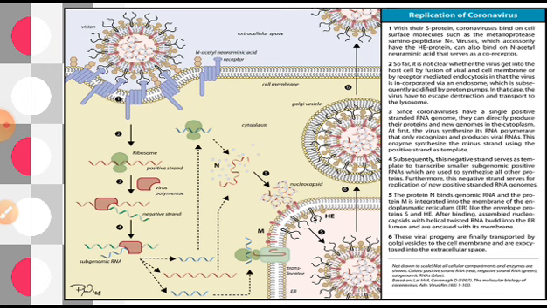Once it enters into the host cell, it releases its RNA particle, and then this RNA particle forms the RNA polymerase enzyme. This RNA polymerase enzyme will form another RNA strand, which is called the negative strand.